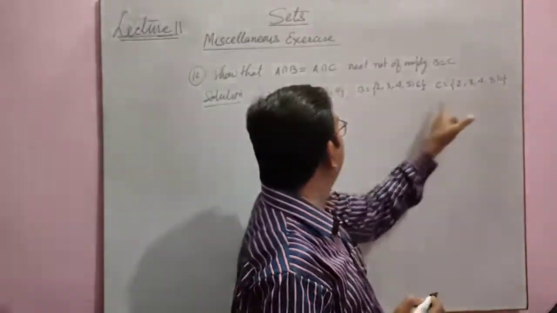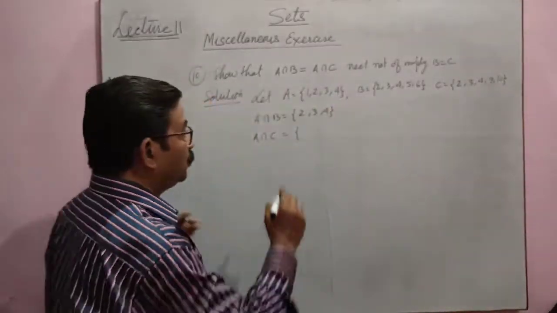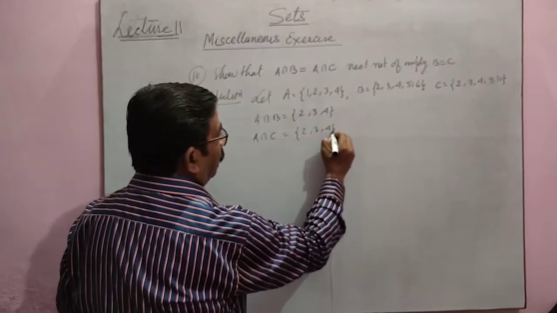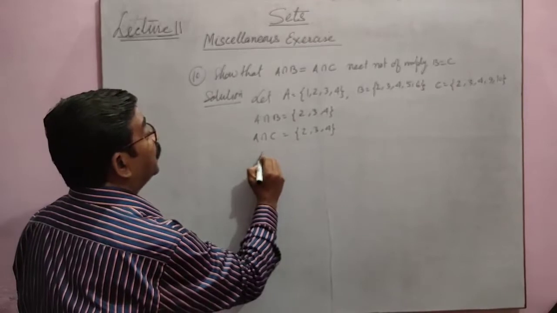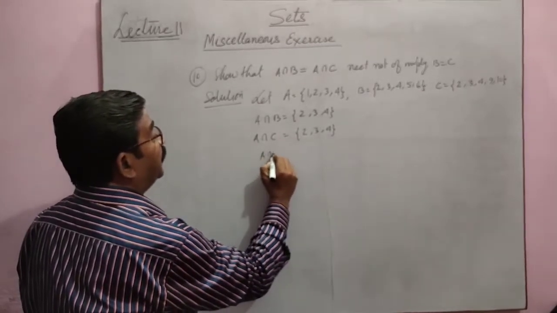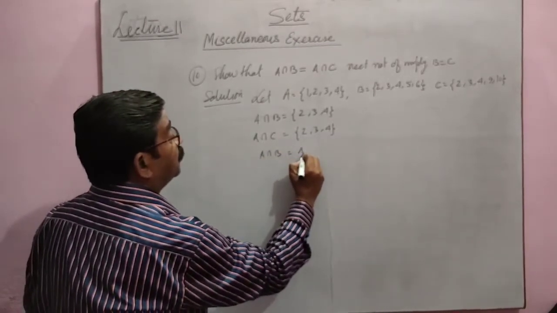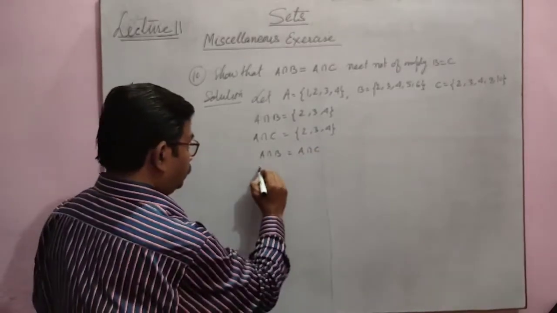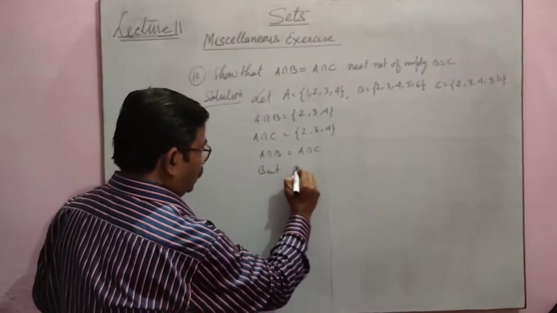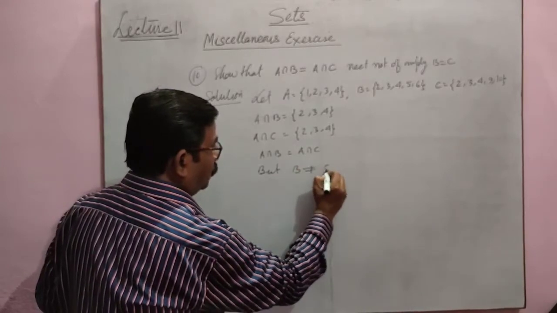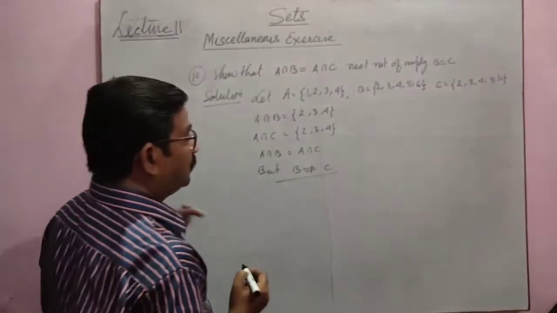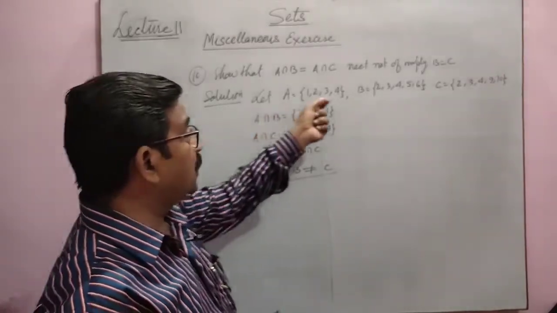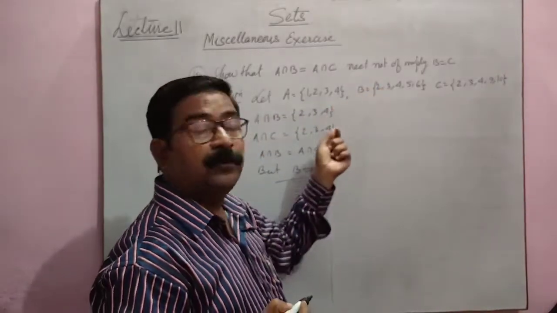So these 2 3 4 are found in A and C both. So finally we have got A intersection B is equal to A intersection C. But B is not equal to C. Very simple question. This is how we have to show this.